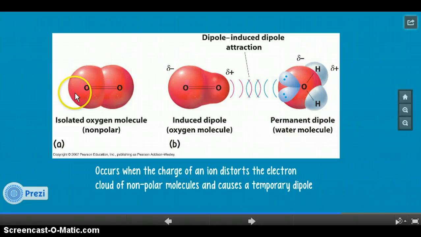So here we have our normal nonpolar oxygen molecule, and then when the electron cloud is distorted, it becomes slightly more polar and causes a dipole to occur. So here's our huge negative and our positive. So then it creates a dipole so it can connect to other things, which can connect to a permanent dipole if one is nearby.